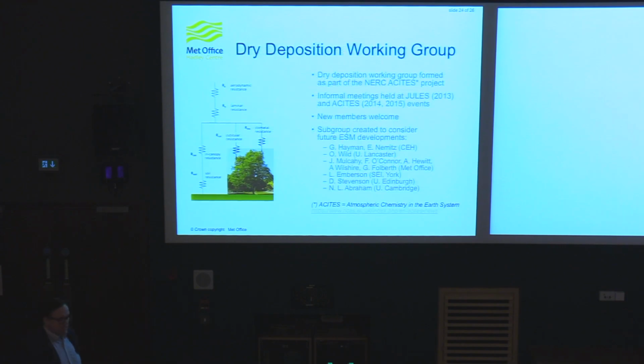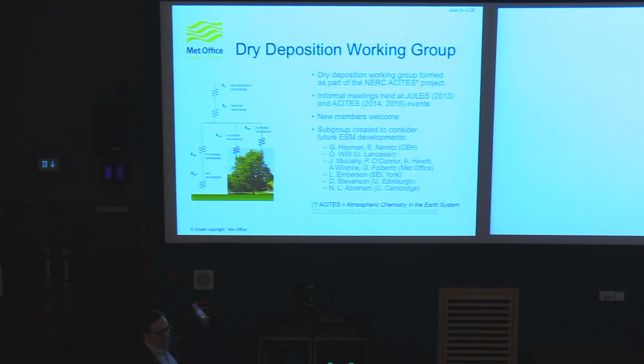And on my final slide, I'm just putting that up every time I talk about dry deposition. I want to draw your attention to the fact that there is a dry deposition working group in the UK that has as a remit to improve the dry deposition representation in UK models, and also to draw together the different communities and make them talk together.